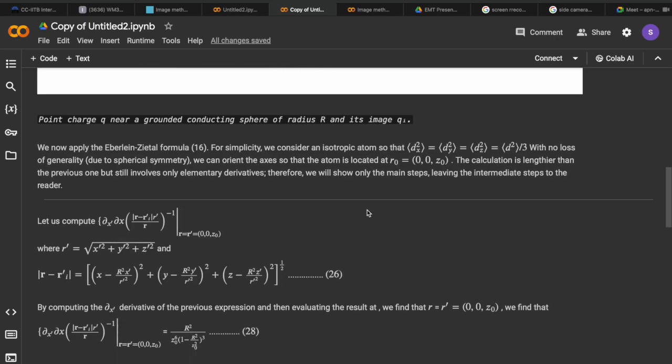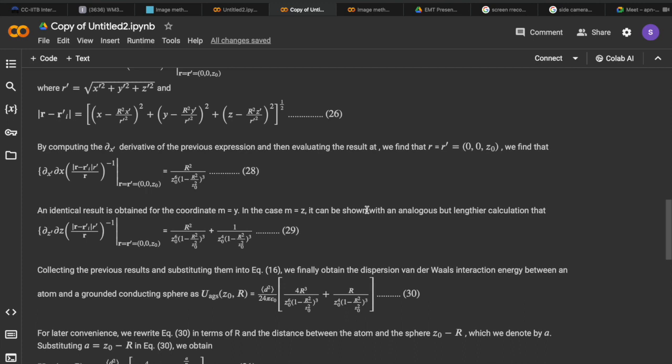We were at equation number 28, which describes a partial derivative involving the coordinates x dash and x with respect to a particular expression. It is evaluated at a specific point r equal to r dash, which is equal to (0, 0, z naught). This result is crucial for further analysis of the atom-sphere interaction.